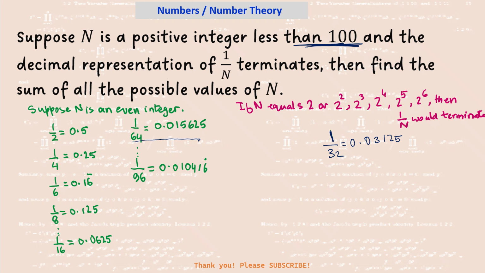So then if you look at what about the other integers, if it's a multiple of 3, it will definitely not work. What about 5? You will see it does work for 5, because 1 out of 5 is 0.2. And then 1 out of 5 squared is 0.04.